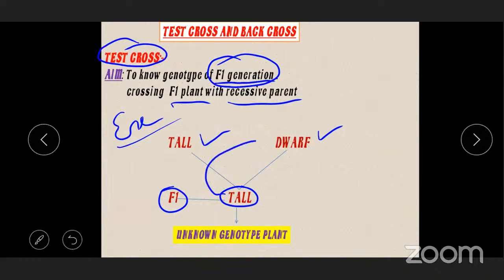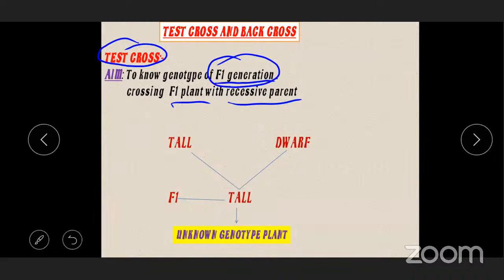So, students, to know that genotype of the F1 generation, we have to cross this F1 plant with the recessive parent. What is the recessive parent, sir? Simple. If the tall plant is crossed with the dwarf plant, in the F1 generation one parental character is expressed and one is not expressed. The parental character which is expressed in the F1 generation is called dominant.